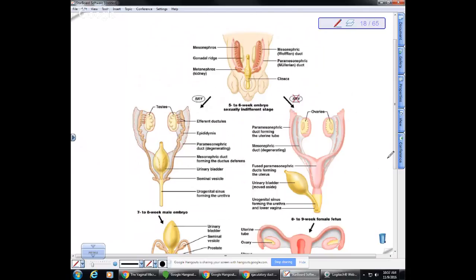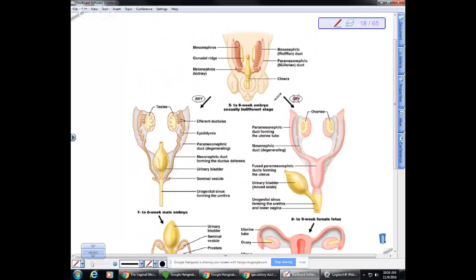This is more like what you would see in a frog or a fish kidney. So this is the kidney, and notice how there are 2 sets of ducts, and then there's this gonadal ridge. Interestingly, the duct that is closest to the kidney is going to become the male ductus deferens, and the one that is farthest away is going to become the female oviduct.